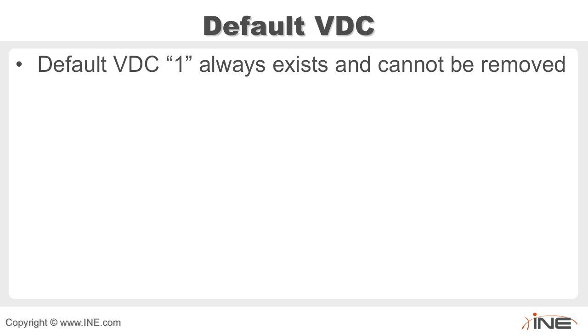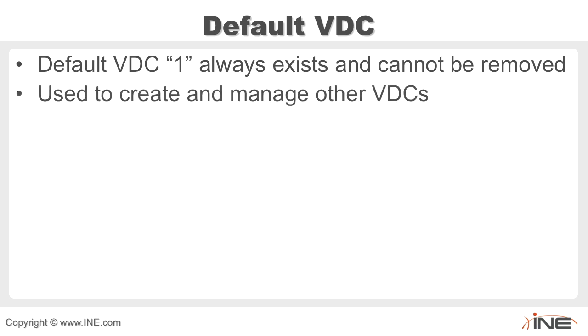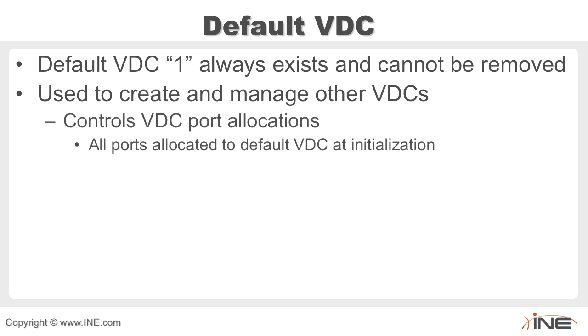Additional VDCs are a specific feature or function of the 7K platform. The default VDC is used to create and manage the other VDCs. It controls all port allocations, as we've mentioned. All ports, as I just mentioned as well, are allocated to the default VDC at initialization.